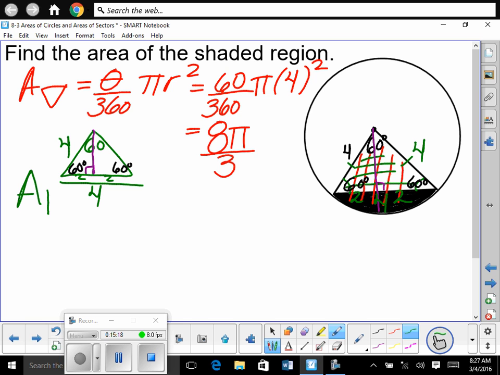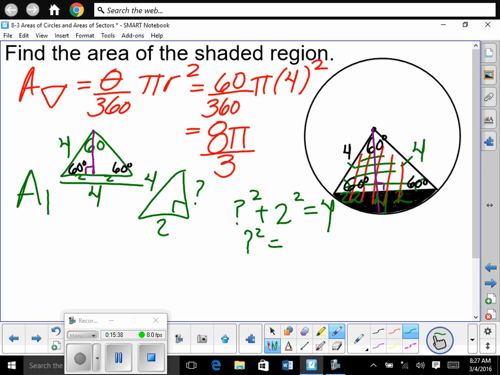So let's do that. So we know we have a right triangle. This is 4, this is 2. We want to know the height, right? So when we go side 1 squared, question mark squared, plus side 2 squared is equal to the hypotenuse, which is 4 squared, right? So let's see what question mark is.